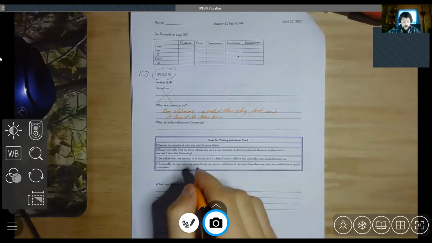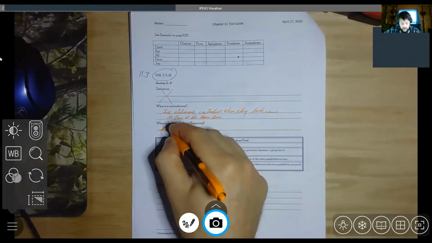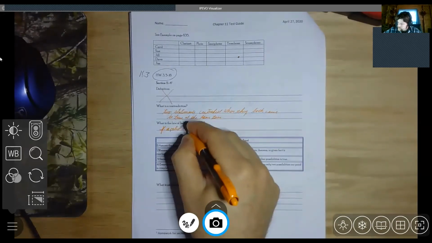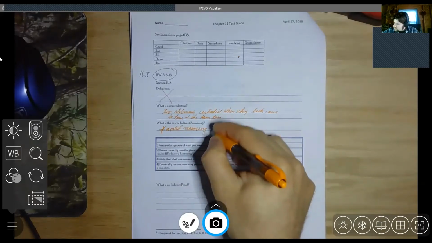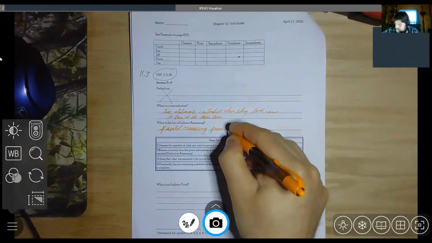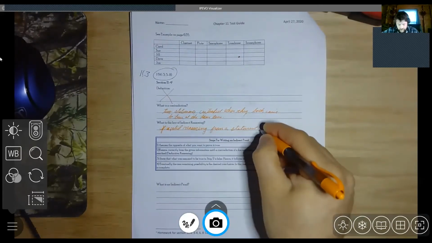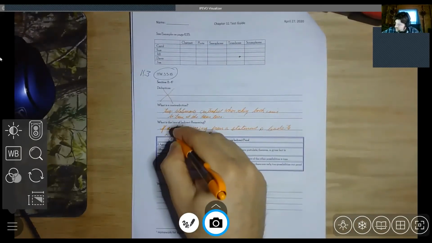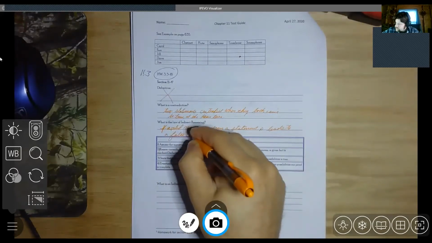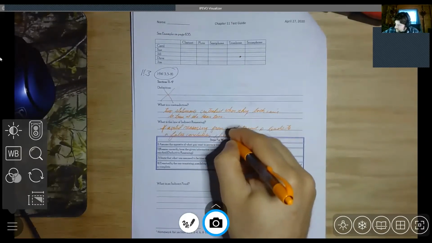What is the law of indirect reasoning? If valid reasoning from a statement P leads to a false conclusion, then P is false.